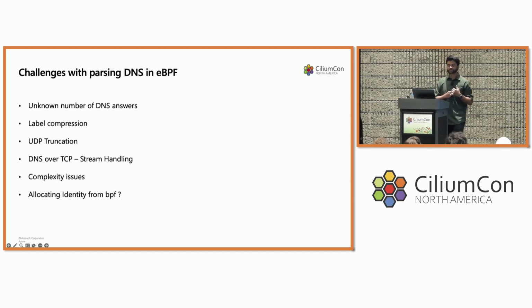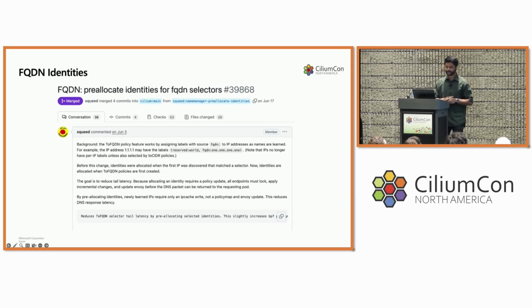But we were still lazily allocating FQDN identities until recently, where thanks to Casey for implementing this, we now pre-allocate the identities for a given FQDN label soon after you create the network policy. So when you apply a network policy, the Cilium agent receives it and already pre-allocates the identities in the Cilium subsystem. So that's one less problem to deal with.